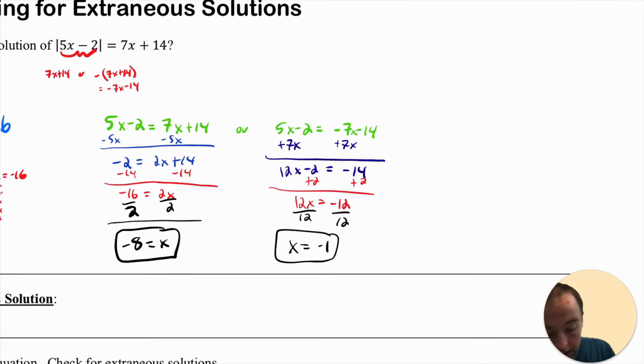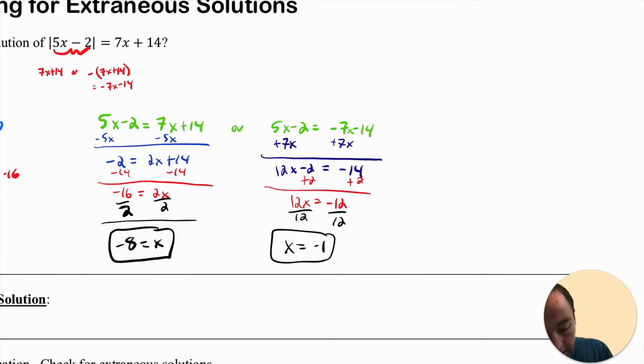So let's go ahead and just check our work and see that what we've done is valid. Let's go ahead and check negative 8. In the original equation, we had the absolute value of 5 times x minus 2. That's supposed to equal 7x plus 14. And we're going to check this negative 8 value.